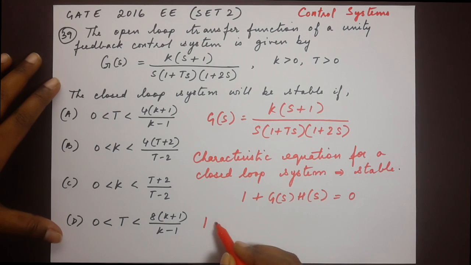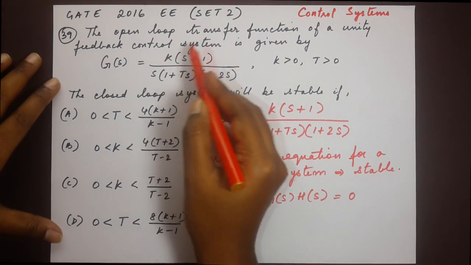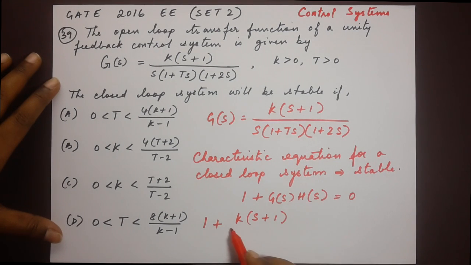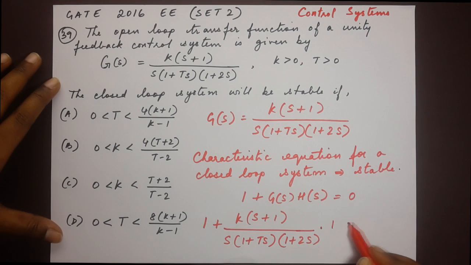Now let's substitute. We have 1 + G(s), the system given here, K(s + 1) divided by s(1 + Ts)(1 + 2s), into 1, is equal to 0. 1 + G(s)H(s) = 0. So now let's simplify.